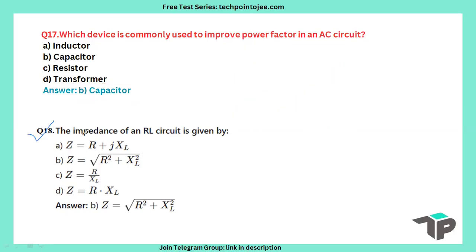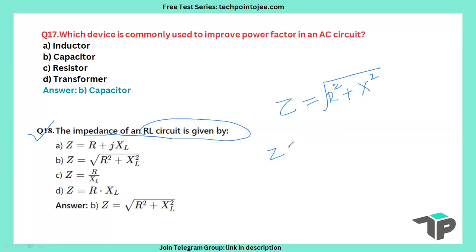Next question, the impedance of an RL circuit is given by impedance Z equal to square root of resistance square plus reactance square. In terms of complex format, Z equal to R plus jX, where Z is the impedance, R is resistance, X is reactance.